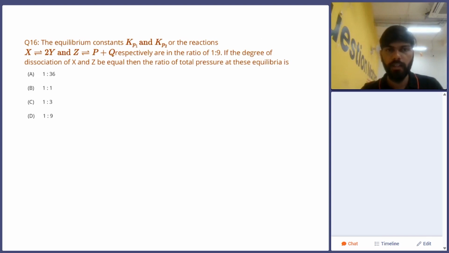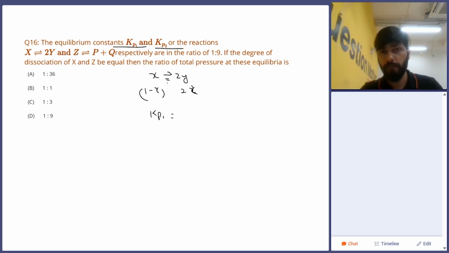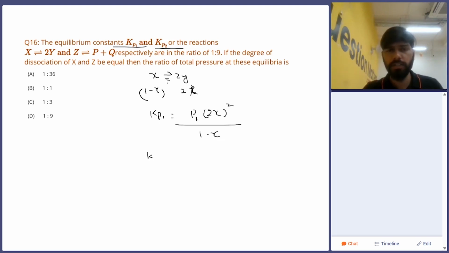Next question, the equilibrium constants Kp1 and Kp2 for the reactions. First of all, for Kp1 the equation gives 1 minus x and 2x, and the ratio of Kp1 is already provided. So we can write the partial pressure P1 times 2x square upon 1 minus x.